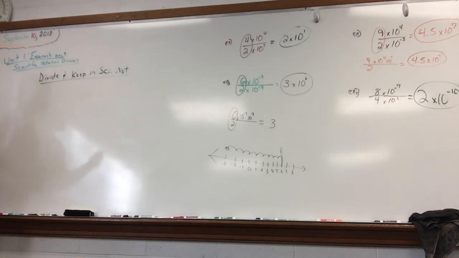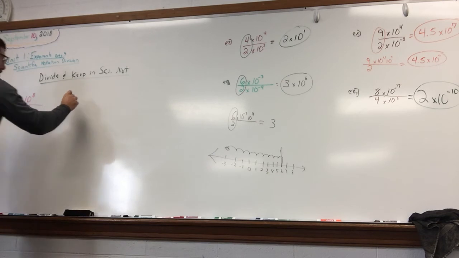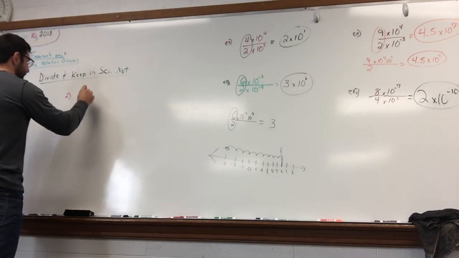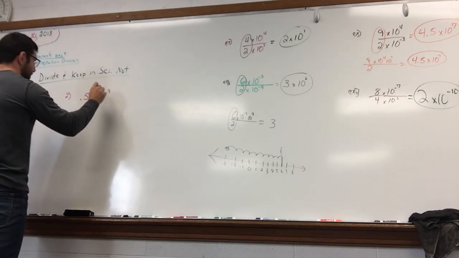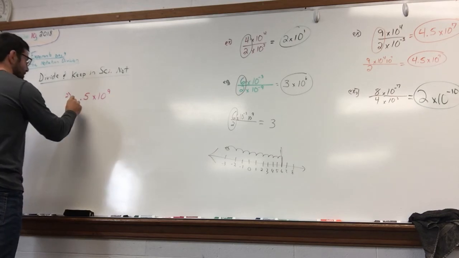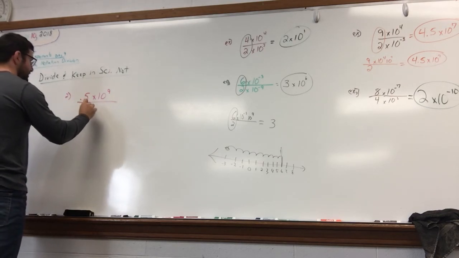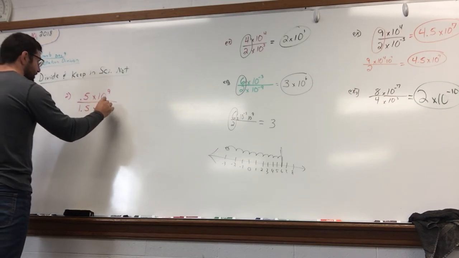So we're going to do 3 problems. Number 1, let's go: 3 and 2 tenths times 10 to the 8th divided by 1 and 6 tenths times 10 to the 3rd. Number 2: 5 tenths times 10 to the 9th divided by 1 and 5 tenths times 10 to the -7th.